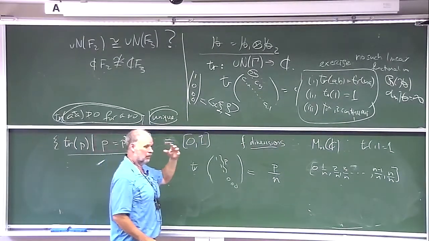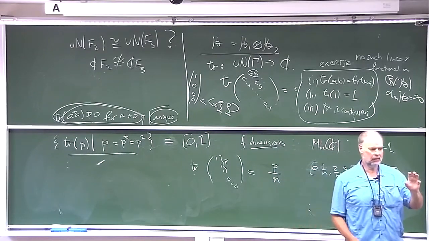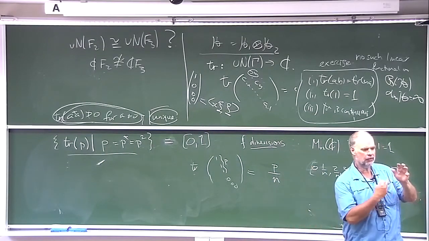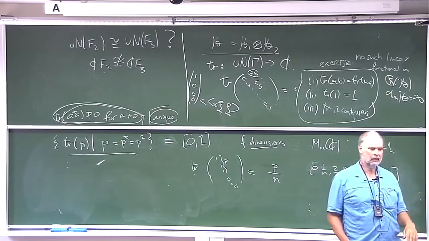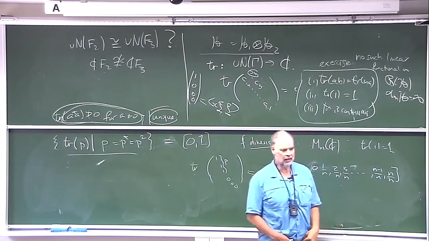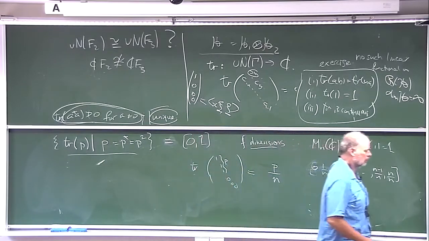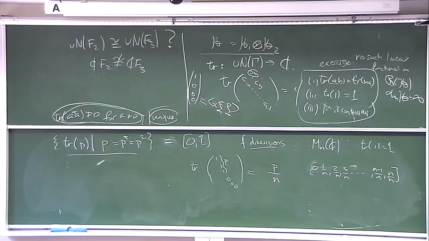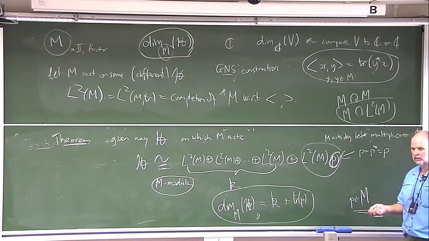If you had a non-factor, then there would be lots of traces. But if you have a factor, then by some averaging process, there's only one trace. That's getting into the elementary technical part of the subject. It's not very hard, but it's a good point to bring out. There is only one trace, so everything is canonical.